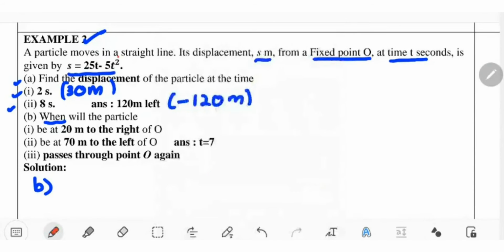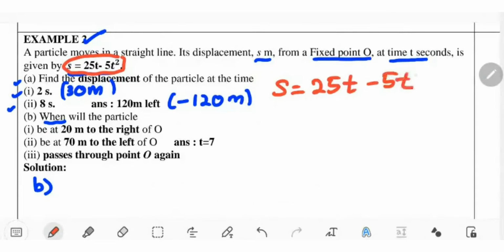Okay, 25t minus 5t squared. Okay, the first B1 question. When? When maknanya dia tanya time. T lah. When will the particle be at 20 meter to the right of O? So how to represent this situation?